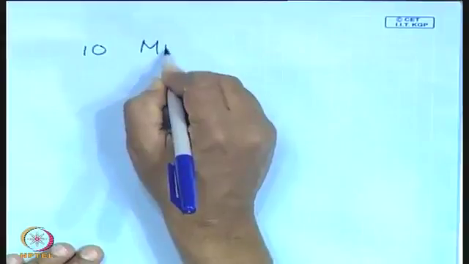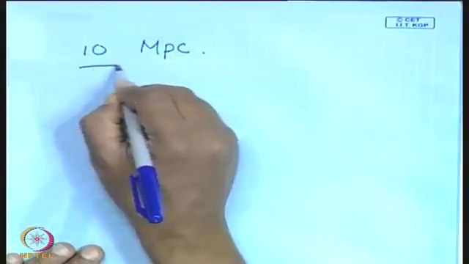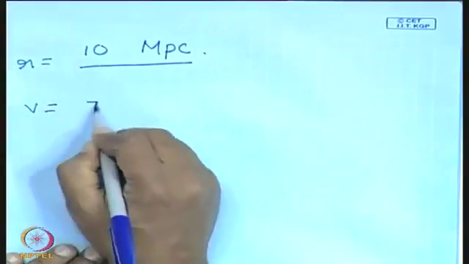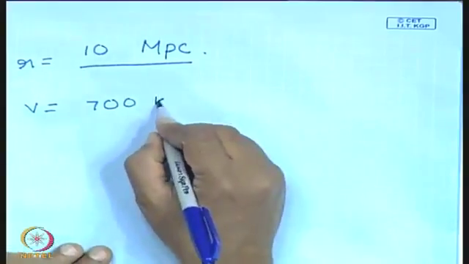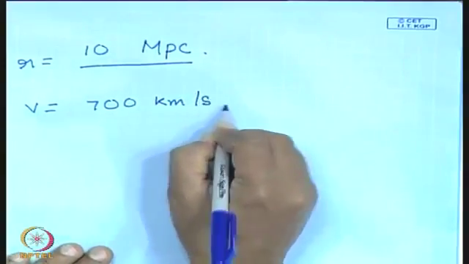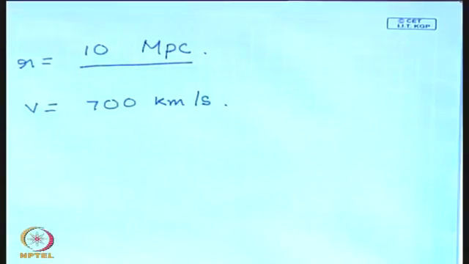So, what this implies is that if I look at a galaxy which is 10 megaparsecs away, we expect it to be moving away with a speed of 700 kilometers per second, okay. That is the implication, very simple. This is what it implies.